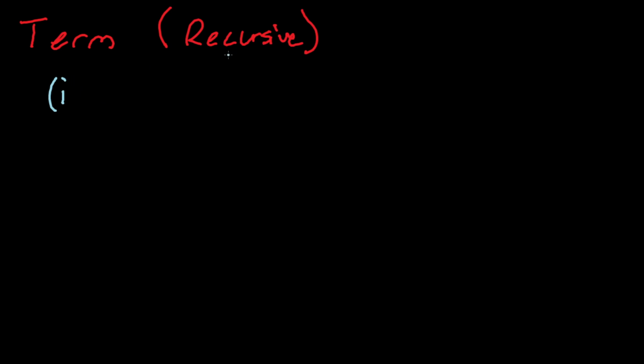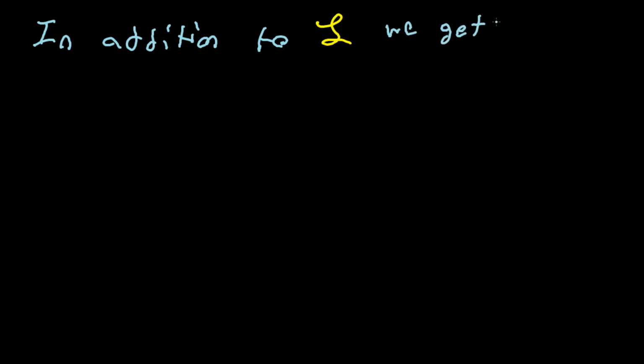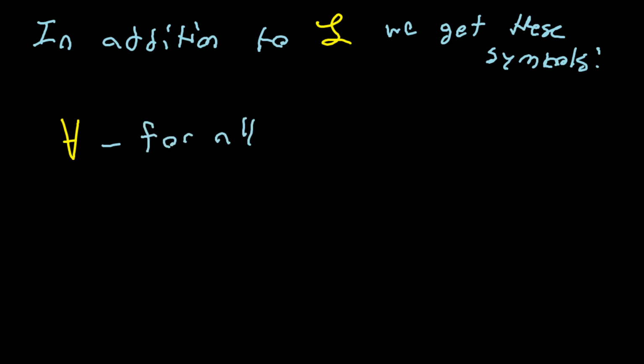Oh, I forgot one thing. In addition, remember how we had the connectives? Well, we're going to need a few other symbols. So in addition to L, we get these symbols. We get this one. This is for all, and I'll call this a quantifier.